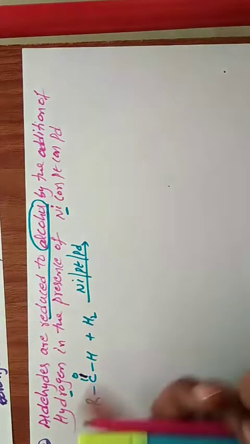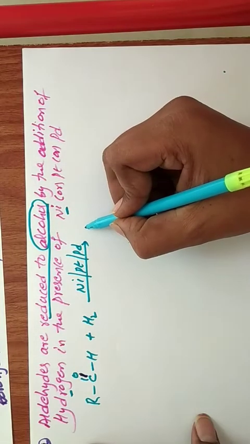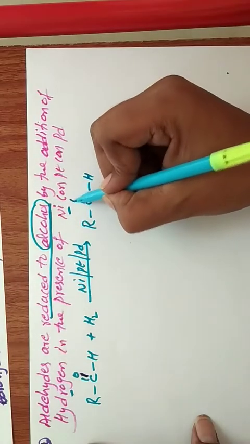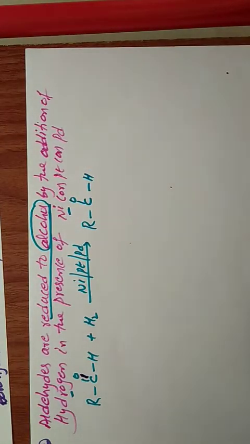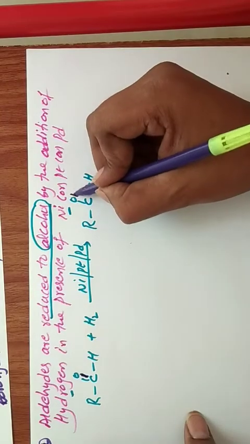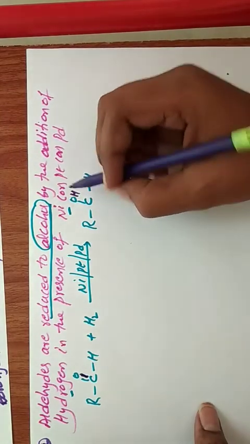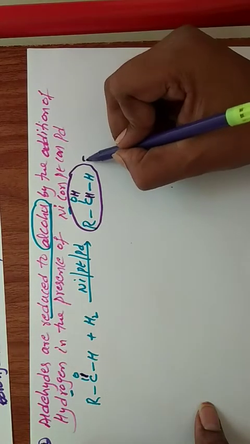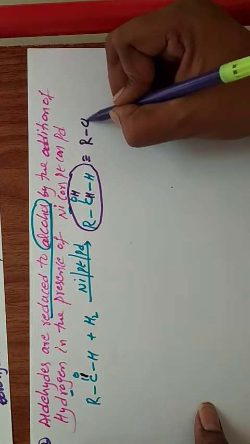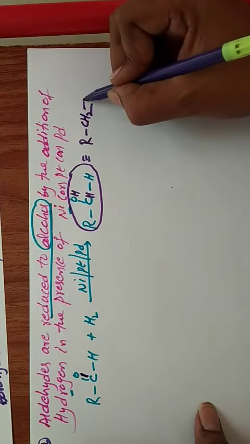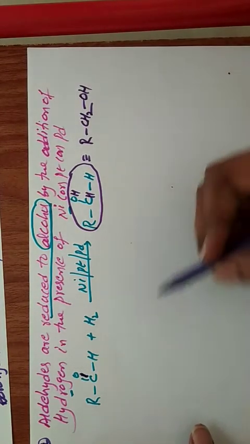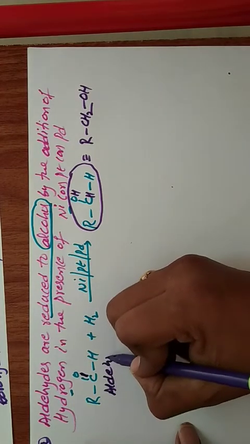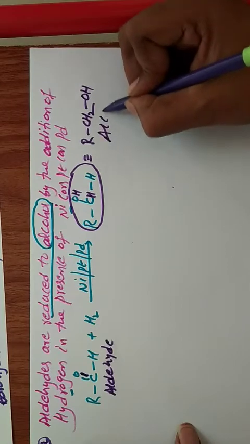Then we get the product R bond C, with the oxygen atom still there. Here the pi bond is removed, and carbon is also attached to one more hydrogen atom. This is nothing but R bond CH2, bond OH. This is the general reaction. This is aldehyde. This is alcohol.